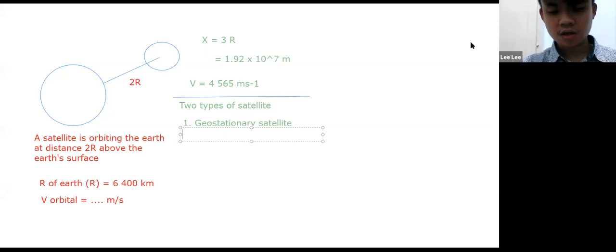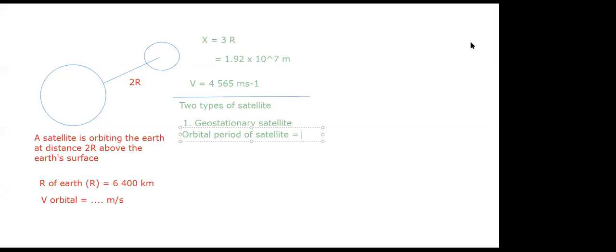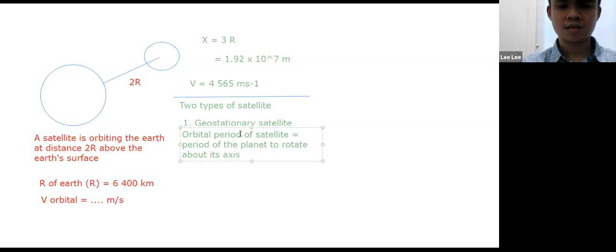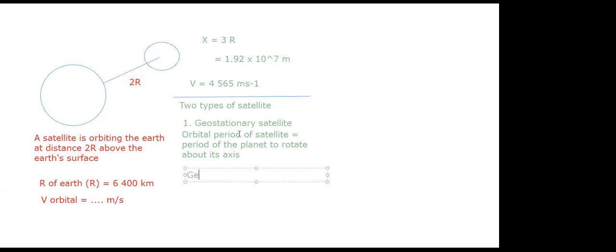When someone says geostationary satellite, it means the orbital period of the satellite must be equal to the period of the planet to rotate about its axis. For example, I say geostationary satellite of Earth.